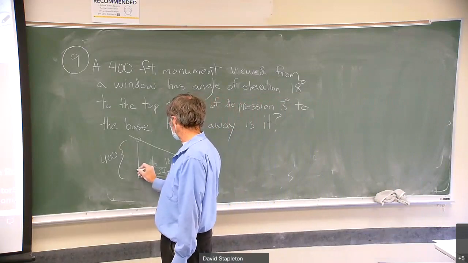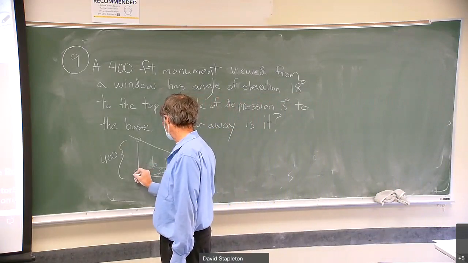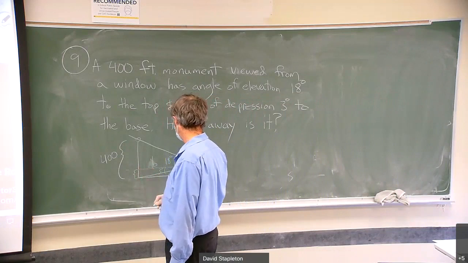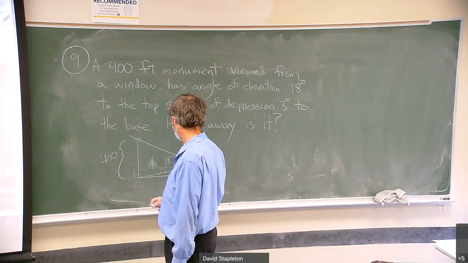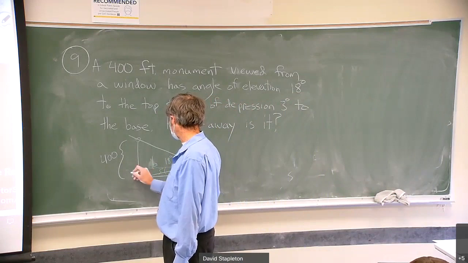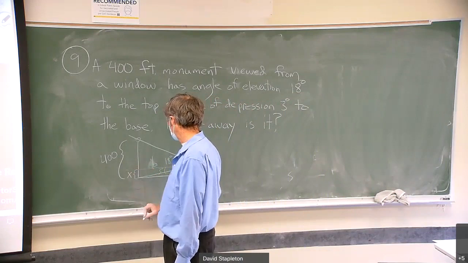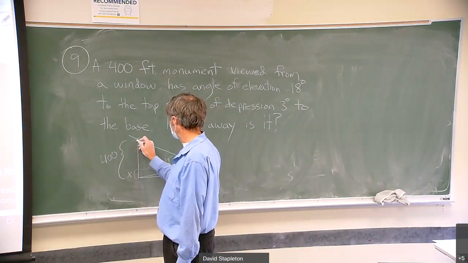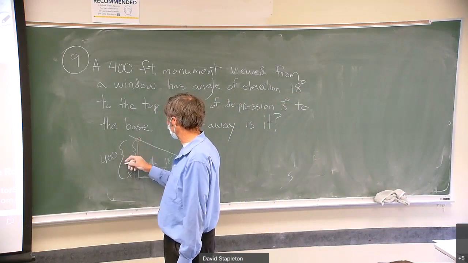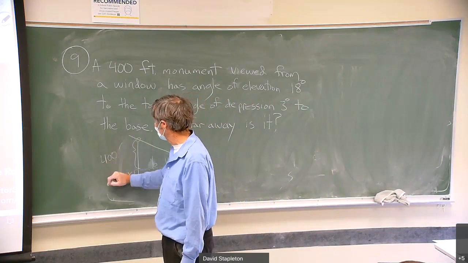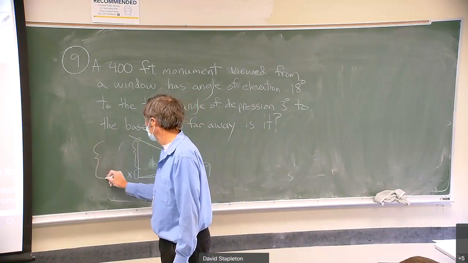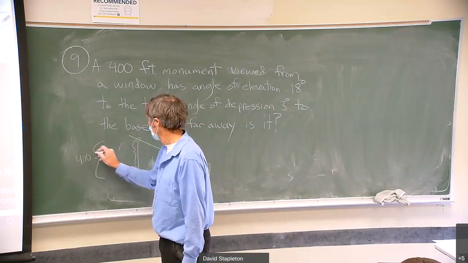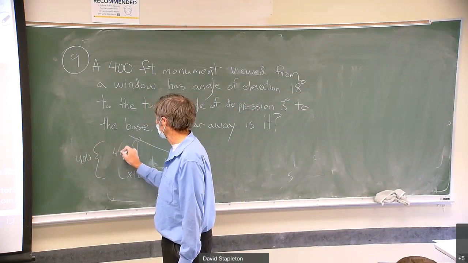Let's call this one X. All right. And then this one, if the whole is 400, must be 400 minus X. So this one must be 400 less X.